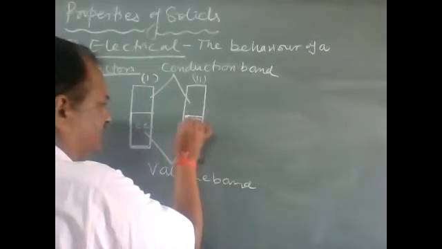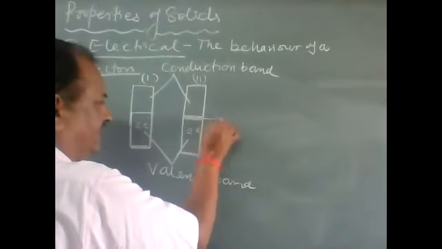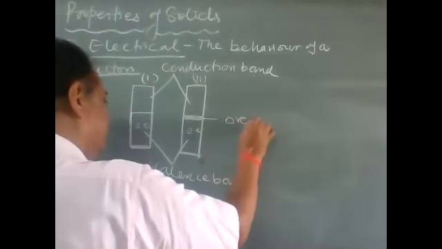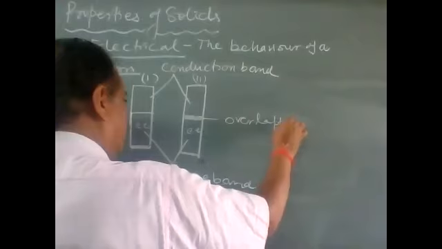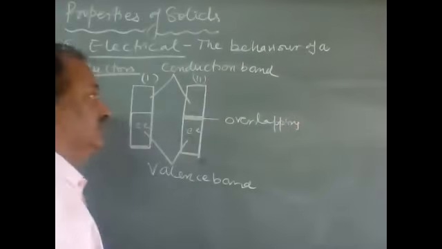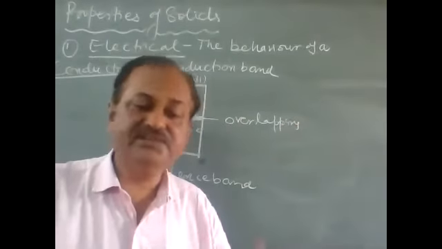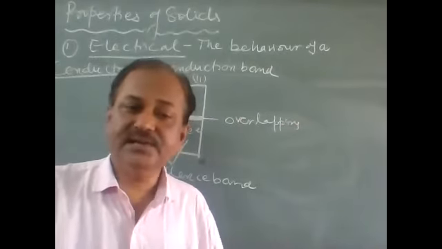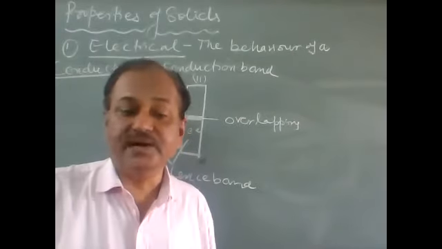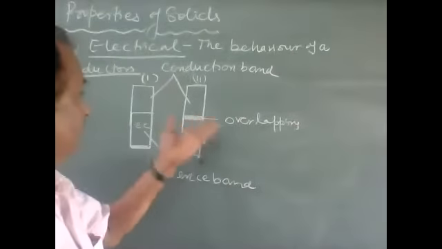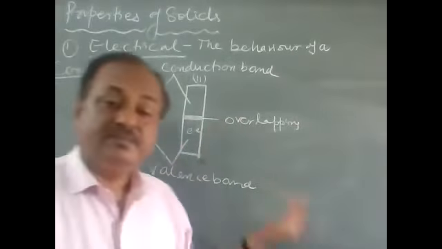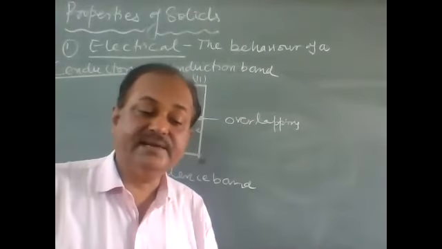And this is the second way, and here there is the overlapping of the valence band and conduction band, and children know that whenever a little amount of current is passed, the metals act as conductors.